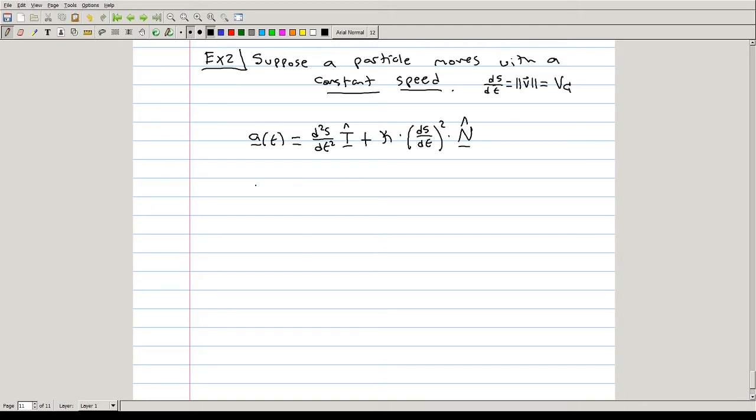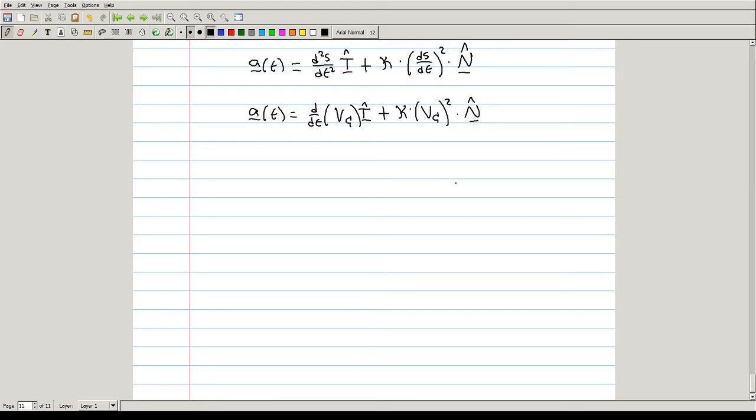So if this is constant, that means that the tangential part of the acceleration is the second derivative of arc length, or the first derivative of ds/dt, but ds/dt is a constant. And the derivative of a constant is 0.